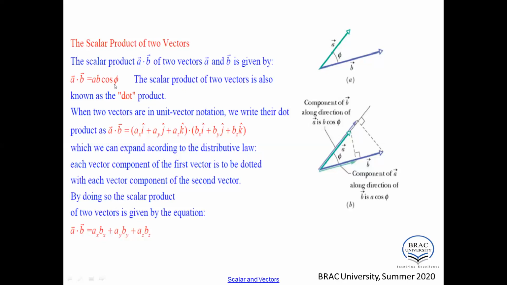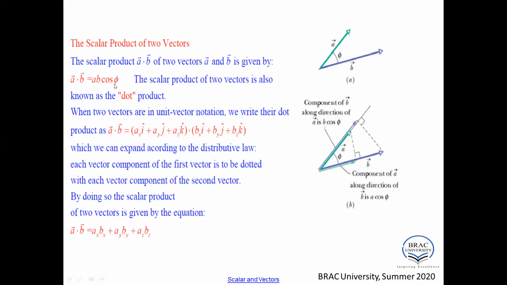So here phi is the angle between vector A and vector B, and it's always the smaller angle, between 0 degrees and 180 degrees.